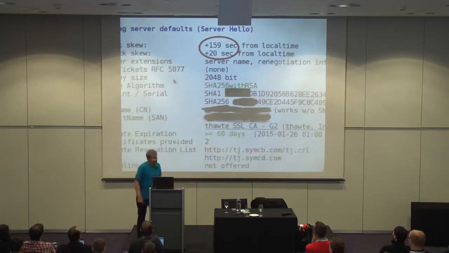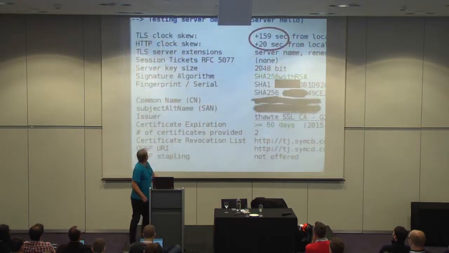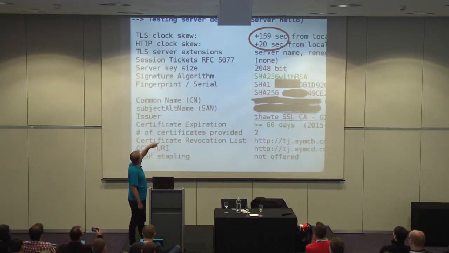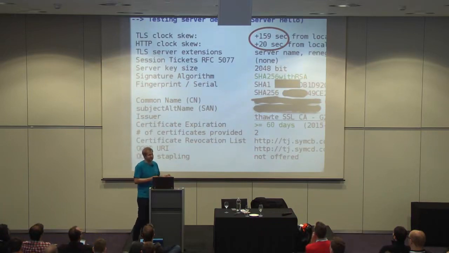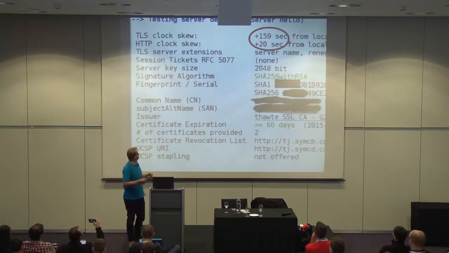So you see the time is off. And the time is off in two ways. The SSL time is off by 159 seconds, and the HTTP time is off by 20 seconds. While doing this, I was running NTP on my local machine, so my time is almost accurate.